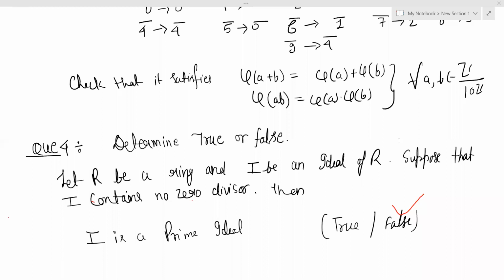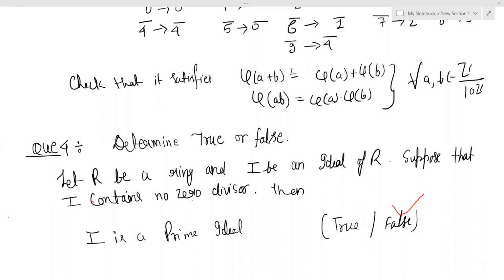Take the zero ideal. Okay, then what? Assume AB equal to 0 so that AB belongs to I. And assume A not equal to 0, therefore A is not in the zero ideal. If there are no zero divisors, B must be equal to 0.